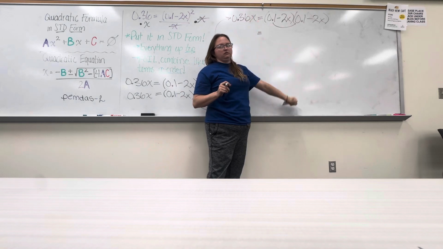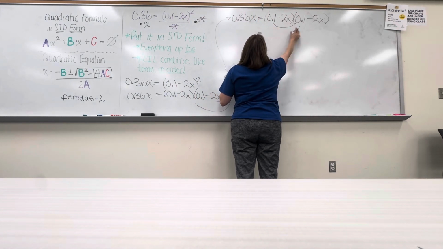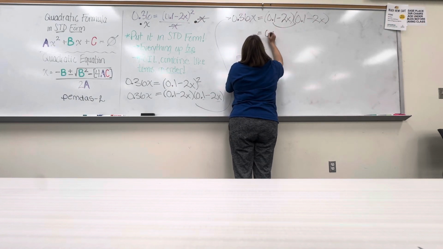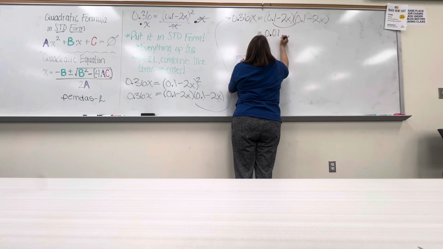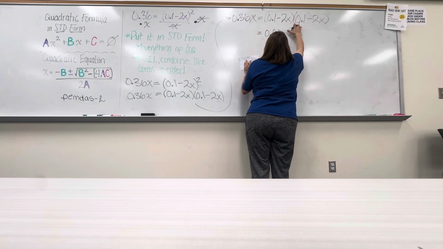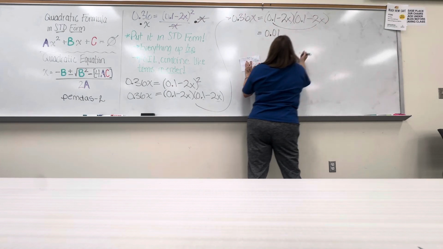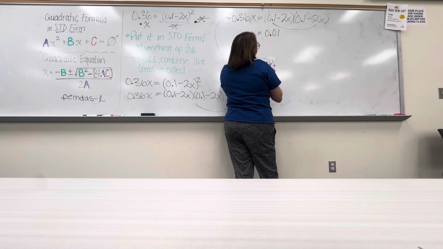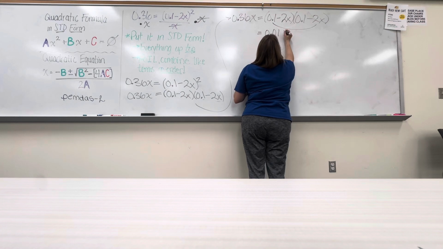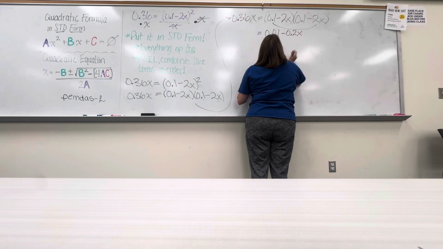Keep everything stacked on top of each other. Okay, so 0.1 multiplied by 0.1 gives you 0.01. Okay, so those were our first terms. Let's do our outside terms. Here, 0.1 multiplied by negative 2x is going to give you the value negative 0.2x.